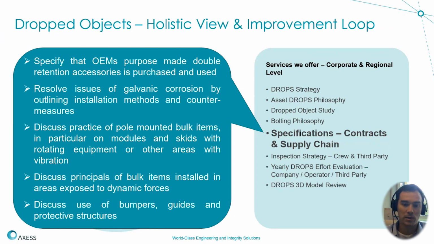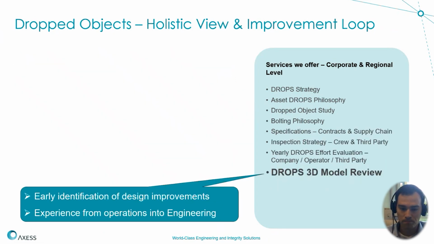So what we don't want is to have a very nice philosophy for the bolting, for drops, but then the items that are purchased are not up to standard. There could be a wrong material that will lead to galvanic corrosion, or not the correct dimensions and so on, or the right method, the right specification. So we sometimes assist in getting this information on how to specify to the suppliers as well.